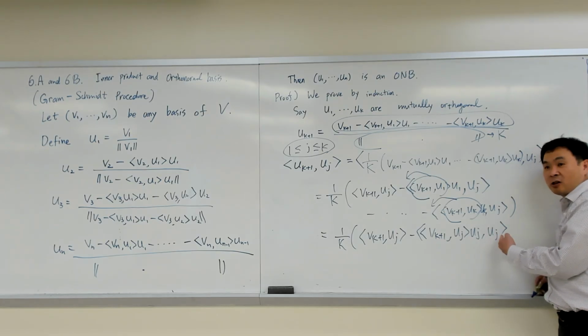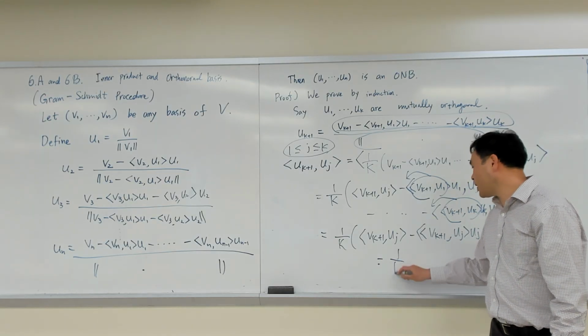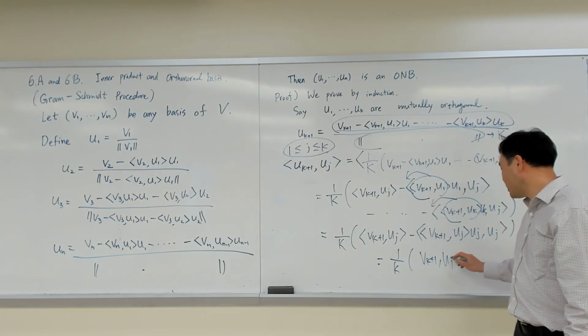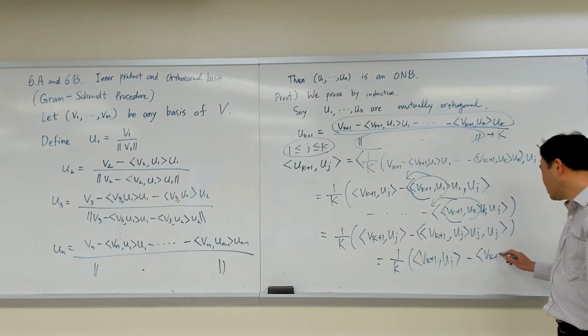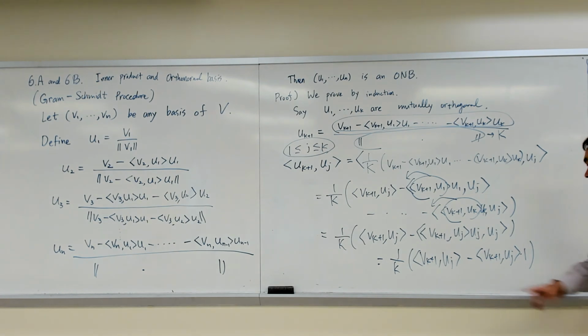But (uj, uj) is 1, so you end up with (v(k+1), uj) minus (v(k+1), uj) times 1, and that's equal to 0. Done.